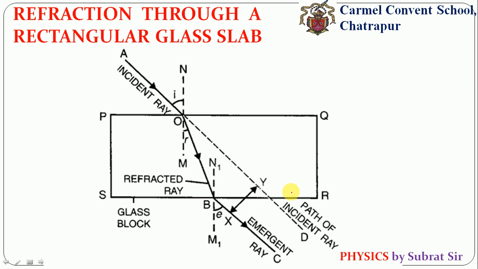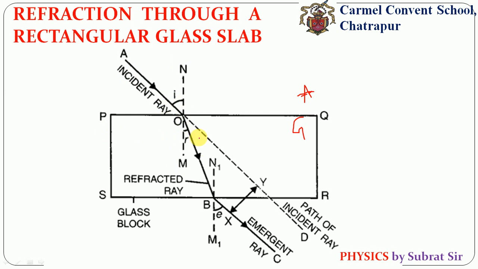So see this figure. Here there are two surfaces: this is the air outside the glass, this is the glass, and this is also air. Now see here the incident ray SAO, where NOM is the normal on the surface PQ, and the incident angle is i.